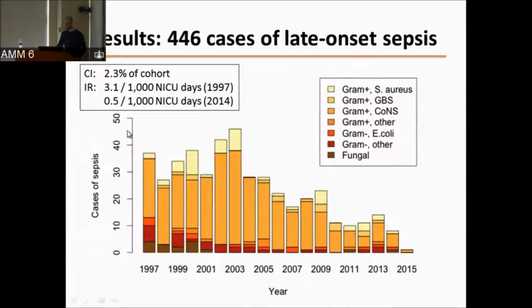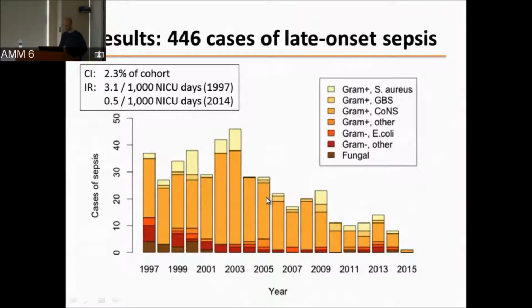And you can readily see that from this graph here, which just shows the steady decline over time. And we attributed that to care improvement at the hospital and implementation of maintenance bundles and just general focus on hand hygiene.